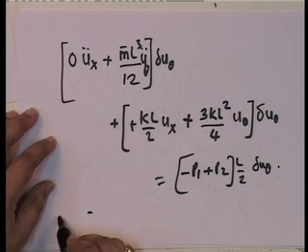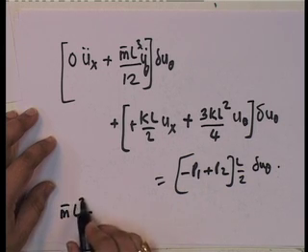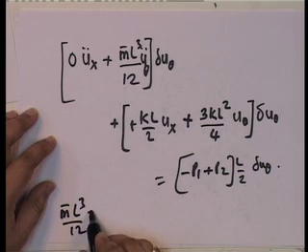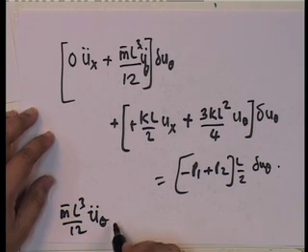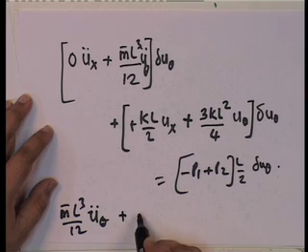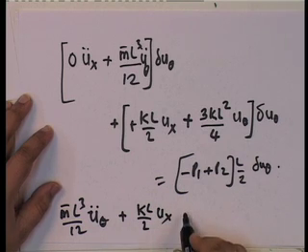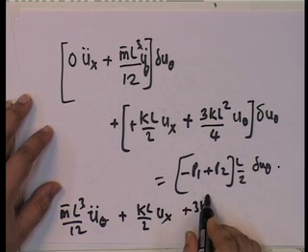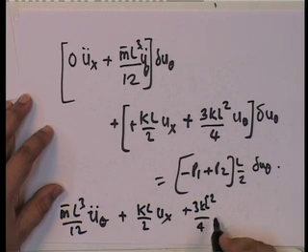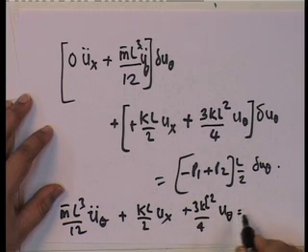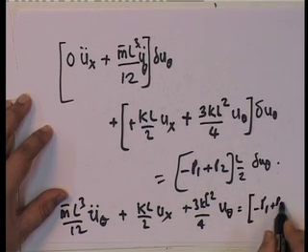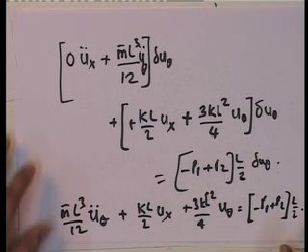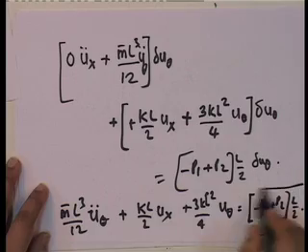I get m bar L cubed by 12 into u theta double dot plus k L by 2 u x plus 3k L squared by 4 u theta is equal to P1 plus P2 into L by 2. So, putting together, this is the second equation.